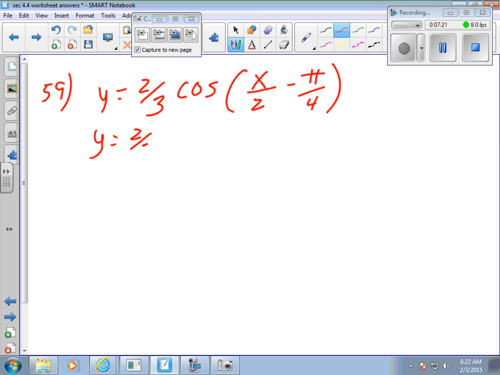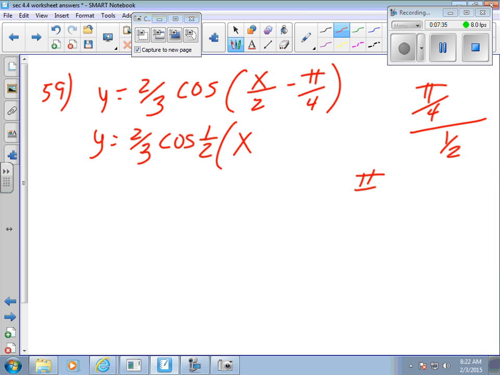So I'm going to bring out 1/2, leaving me with x. Then I have to do pi over 4 divided by 1/2. That's pi over 4 times 2 over 1, multiplying by the reciprocal, and I get minus pi over 2.